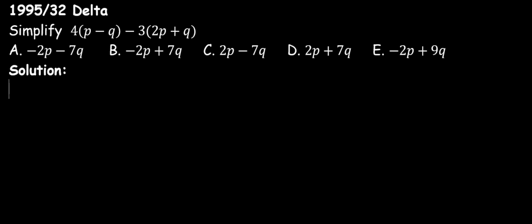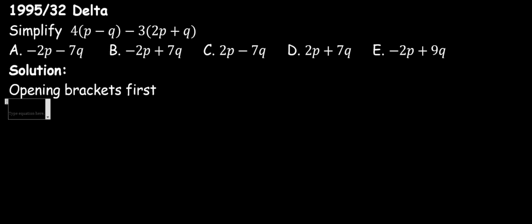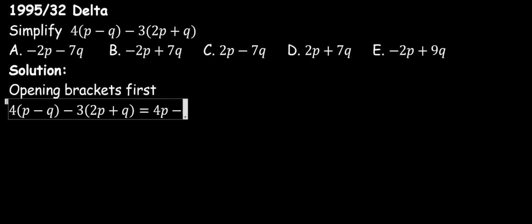Solution. Opening brackets first, we have that our given problem, which is 4(p − q) − 3(2p + q), will be equal to 4p − 4q. We just use 4 to multiply the first bracket. Then the next bracket, we use minus 3 to multiply through, and we have minus 6p minus 3q.